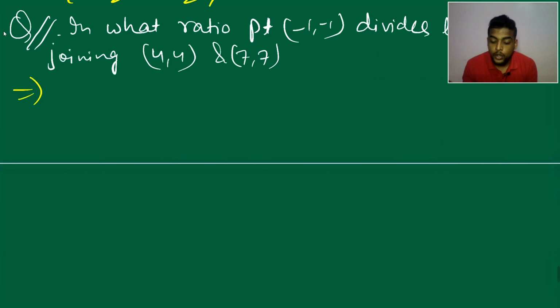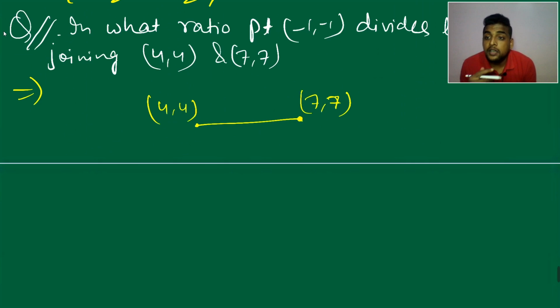Okay, everyone, just listen. Suppose 4 comma 4 is here and 7 comma 7 is here, and we don't know whether -1 comma -1 is an internal section divider or external.